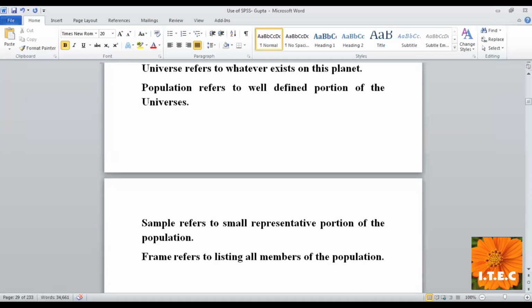So I have defined universe, and in many of the books, they are using universe and population word interchangeably, which is technically wrong. Because universe and populations are not same. You understand that. So another word is sampling.